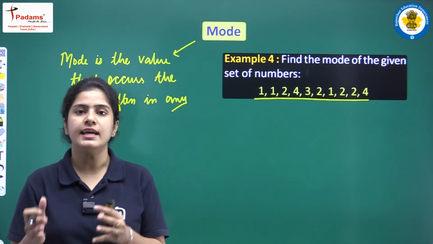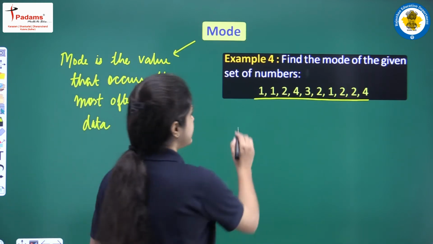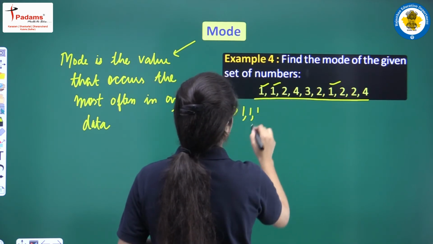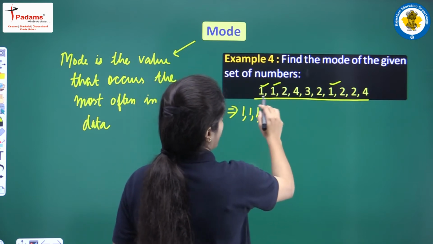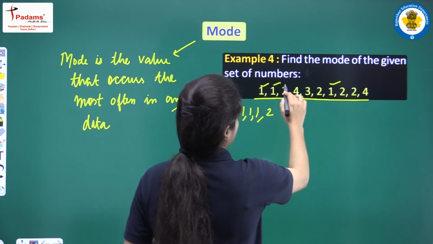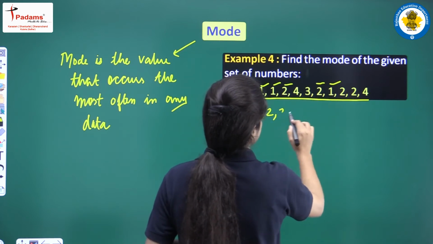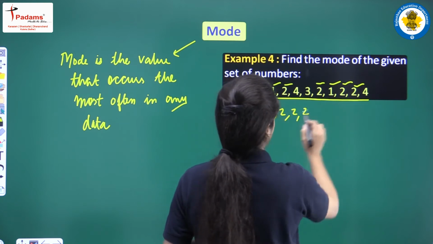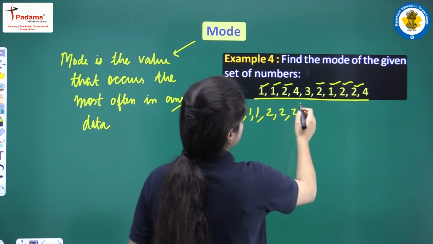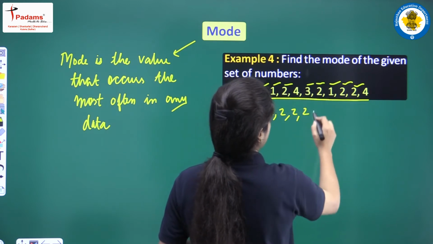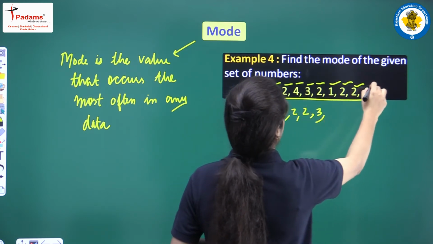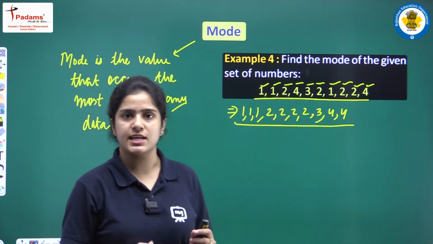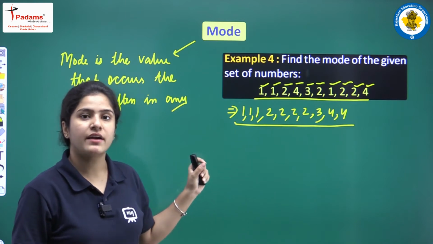So 1 1 1, then after 1 we'll talk about 2 2 2 2, after 2 we'll be talking about 3, only one 3, and then 4 and 4. So students, in this form we have arranged the data in which the same types of numbers are occurring together.